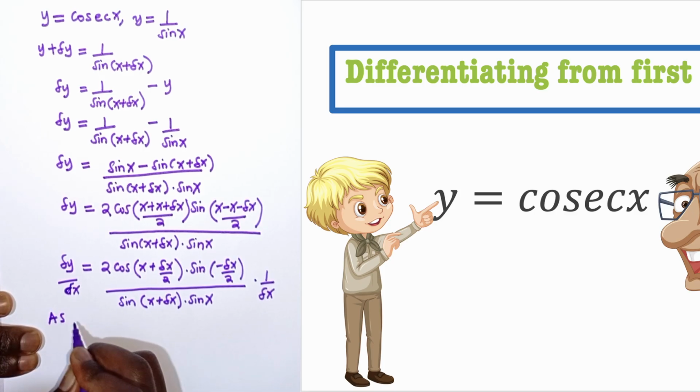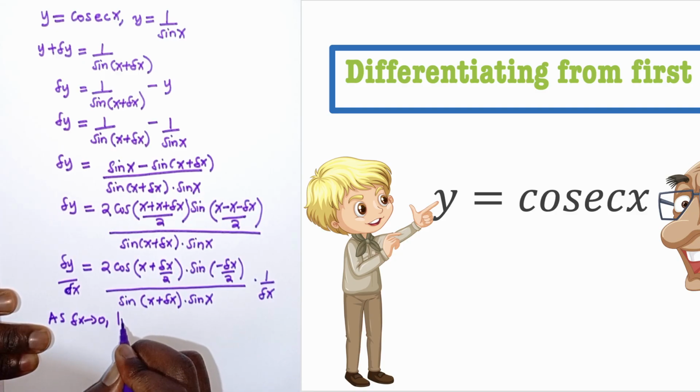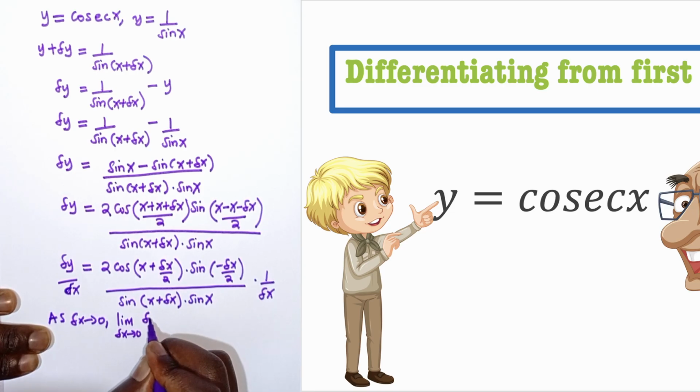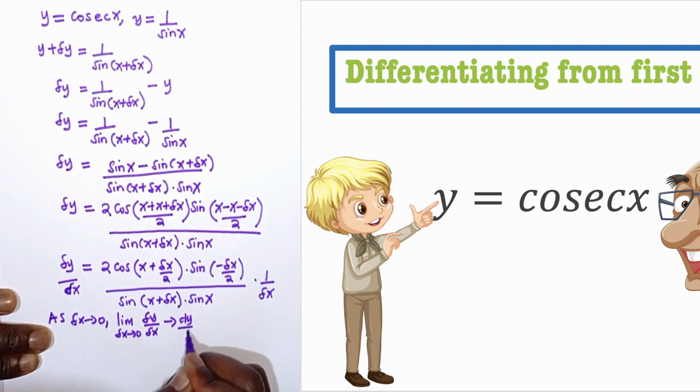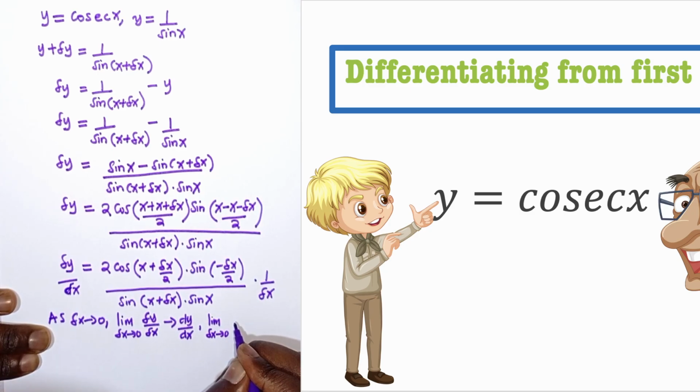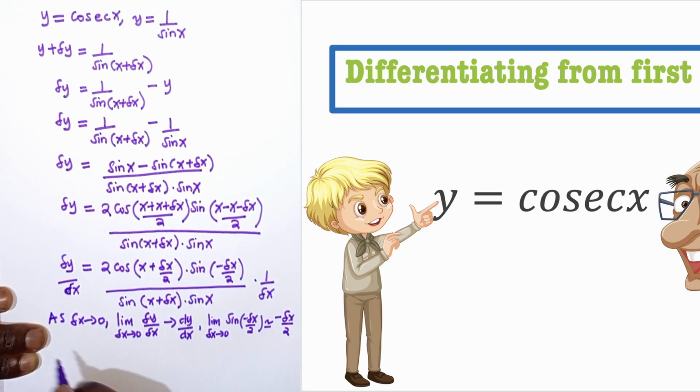So as delta x tends to 0, the limit as delta x tends to 0 of delta y out of delta x becomes dy by dx, and also the limit as delta x tends to 0 of sine of delta x out of 2 becomes negative delta x out of 2. It becomes that small angle.